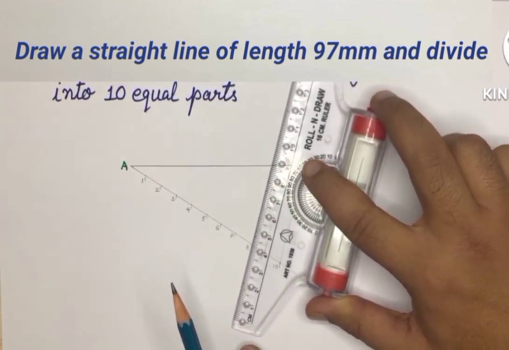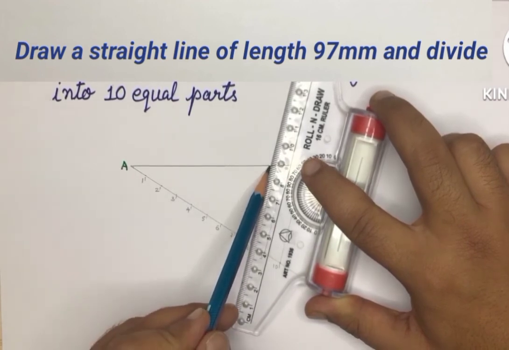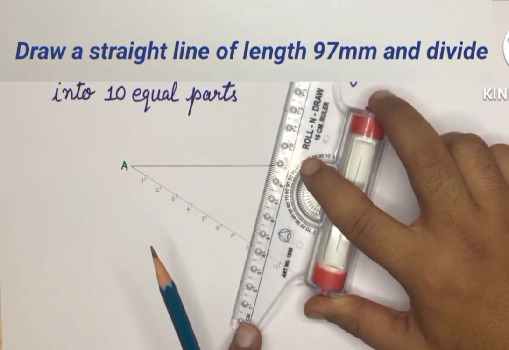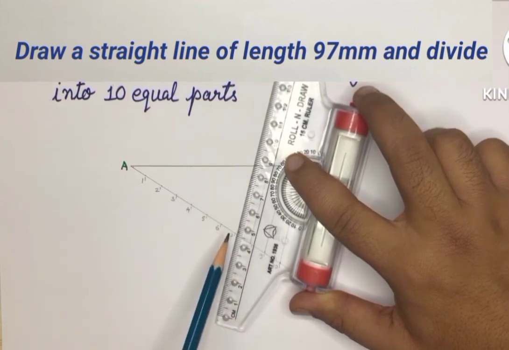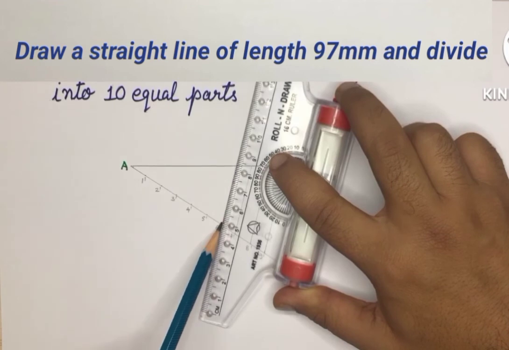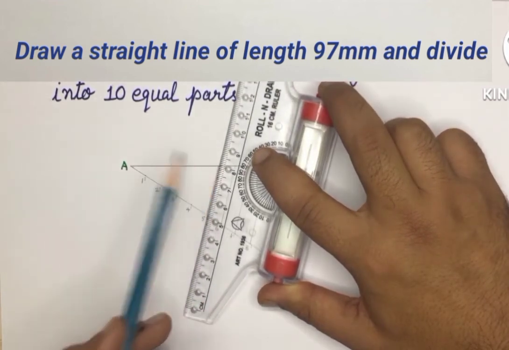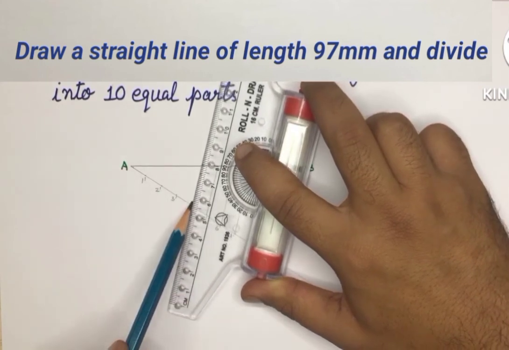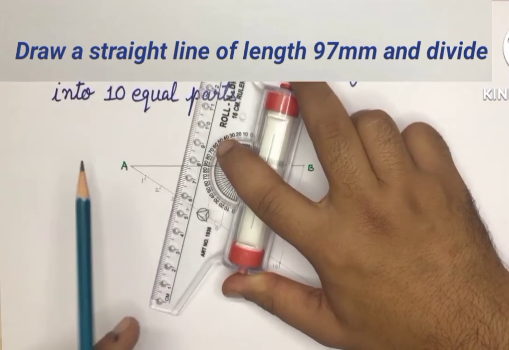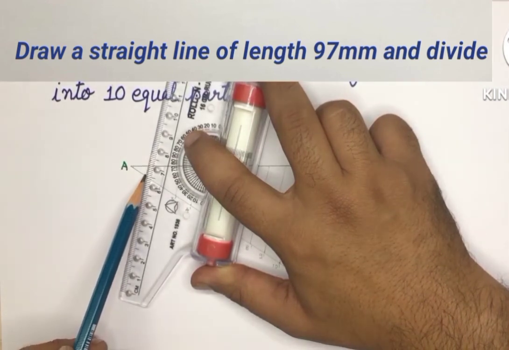Then slide it again till 8 dash and extend a line till it reaches line AB. Continue this procedure from 7 dash, then a line from 6 dash, from 5 dash, and finally from 1 dash.